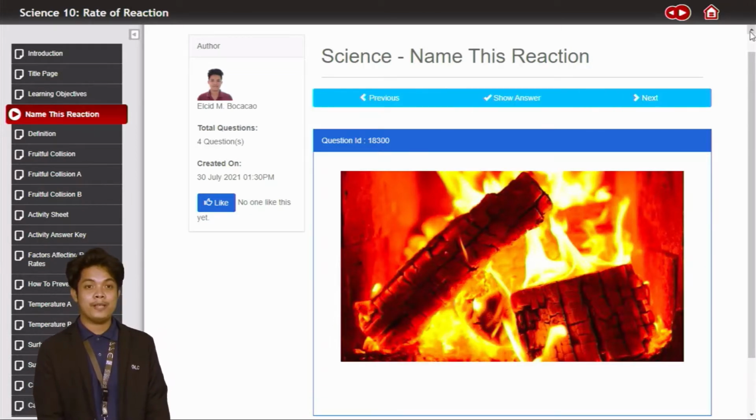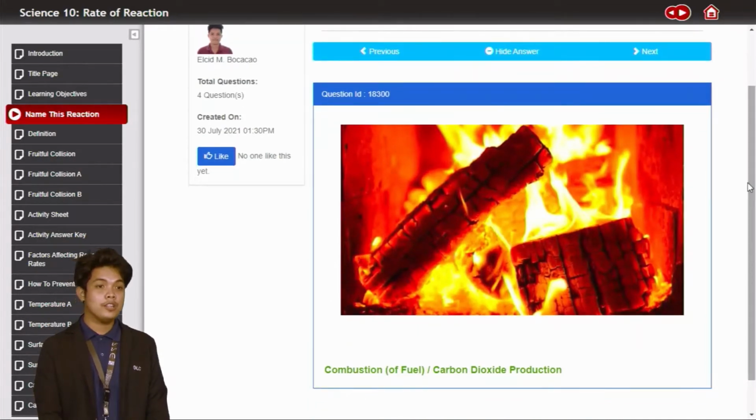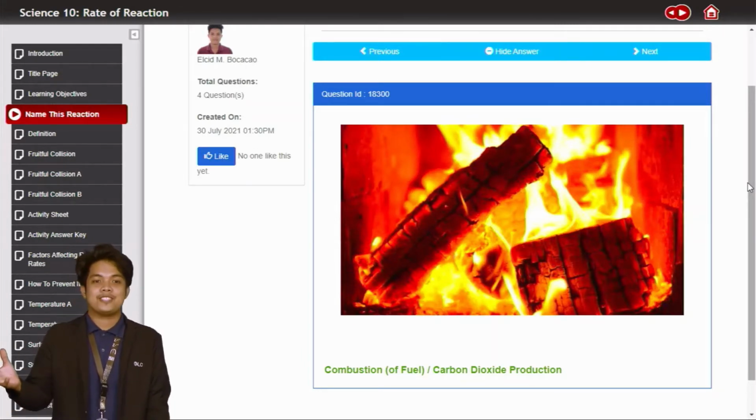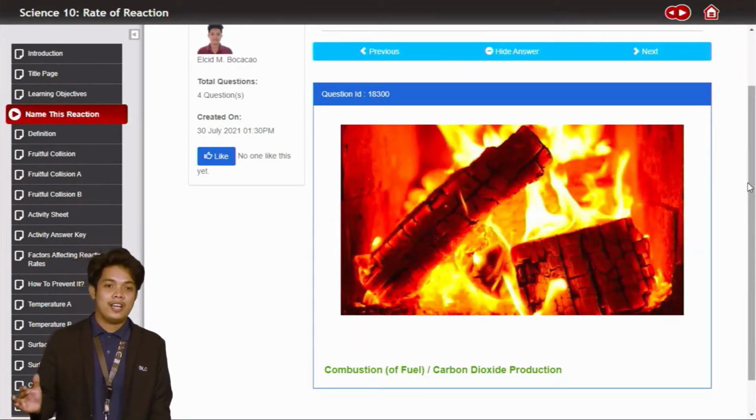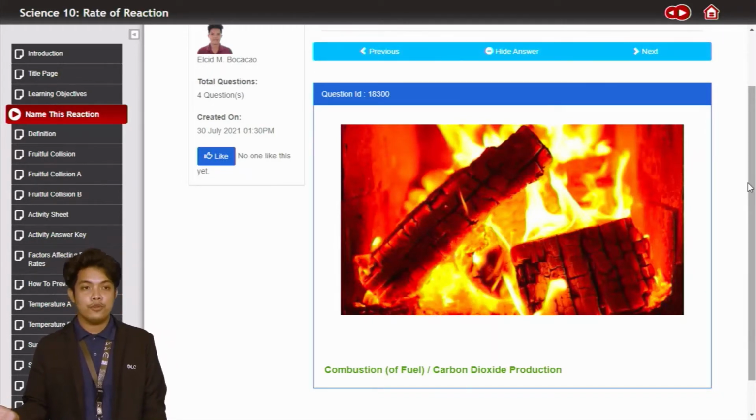I will reveal the answer right now. The answer is combustion of fuel. Wood is also considered a fuel, right? Because it burns, or it combusts, and produces carbon dioxide, since fire or combustion produces carbon dioxide, which is our main source of pollution.